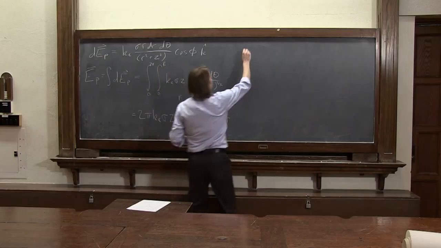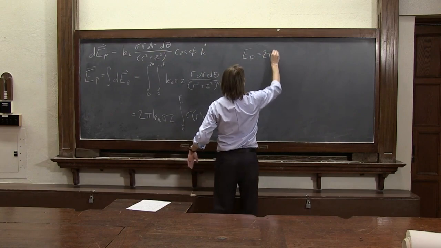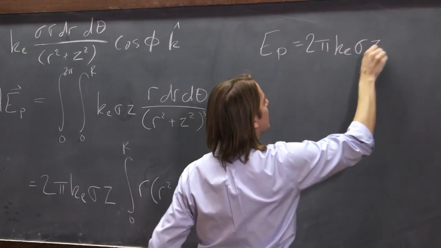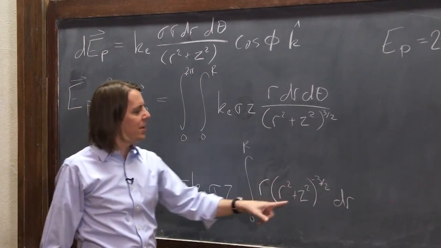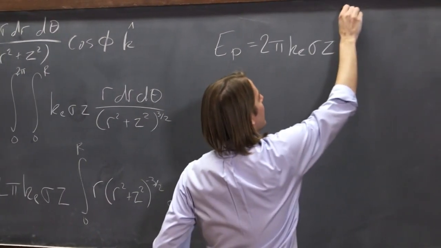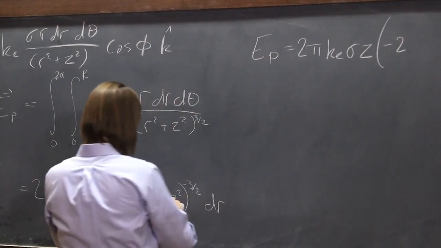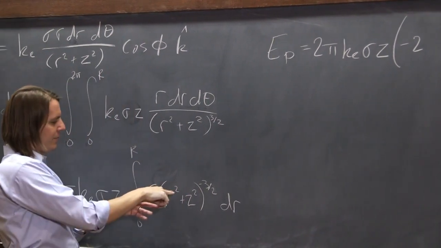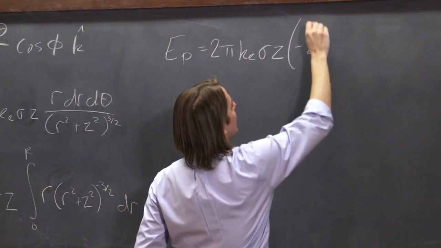Okay, so if we keep going then, EP is, let's keep our constants, 2 pi ke sigma z. And if we want to integrate this, this one's actually doable. Minus 3 halves becomes minus 1 half. You divide by that, that becomes minus 2. And then you also divide by the derivative. You divide by 2r. The r goes away. So you're also multiplying it by 1 half.